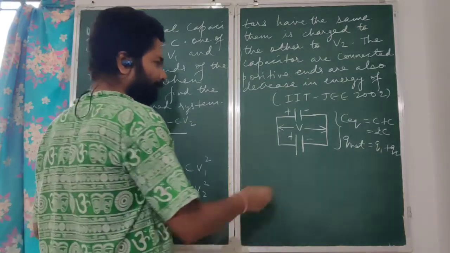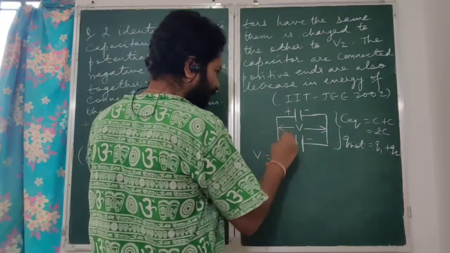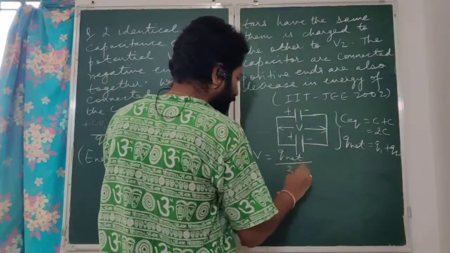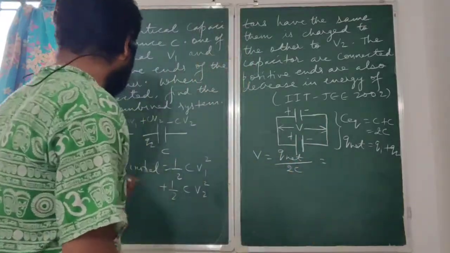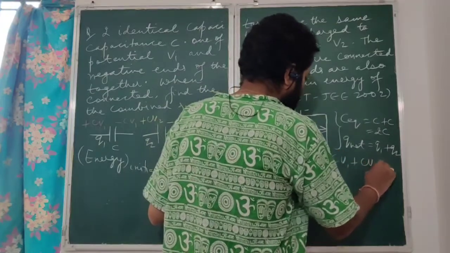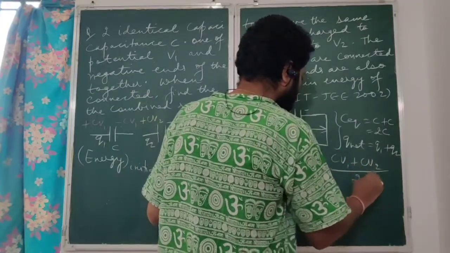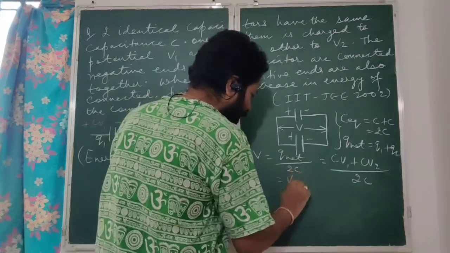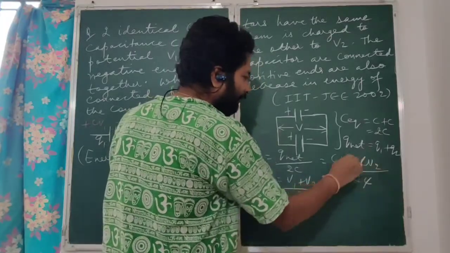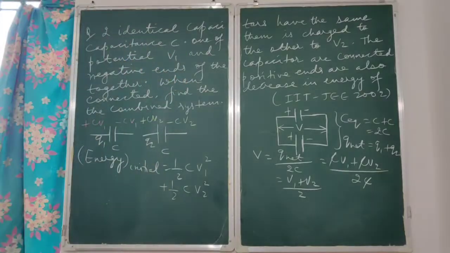So we can write common potential V as equal to Q net by C equivalent, which is 2C, and Q net is CV1 plus CV2 by 2C. So it will be V1 plus V2 by 2 because C will get cancelled here.